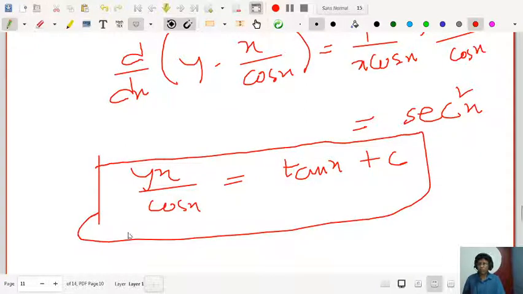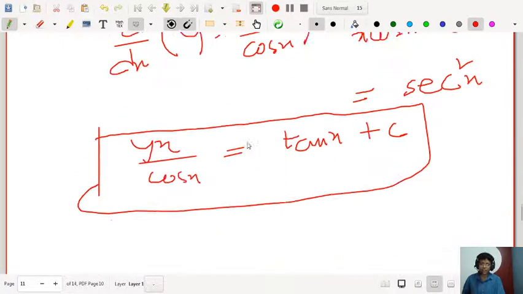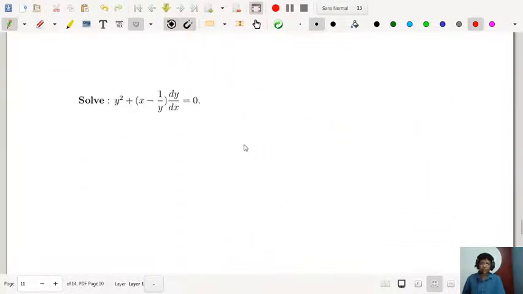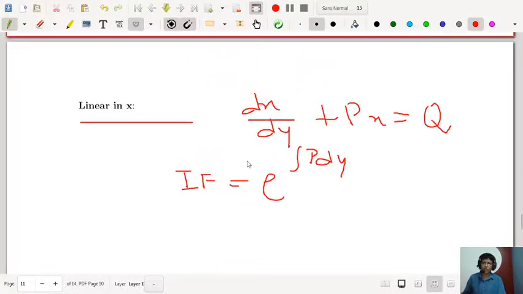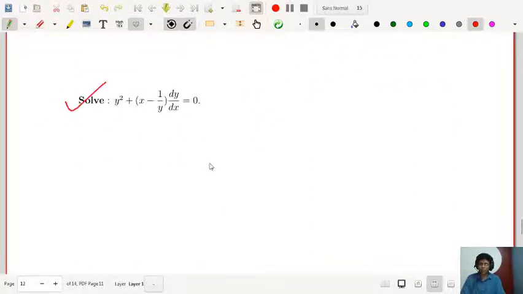And this is how you apply your knowledge of linear equations. If your equation is not linear in y but is linear in x, you have to identify that. So let us have an example for that also. You have y square plus x minus 1 by y into dy dx. Looking at that, the first observation is that you have a y square here, so it cannot be linear in y.